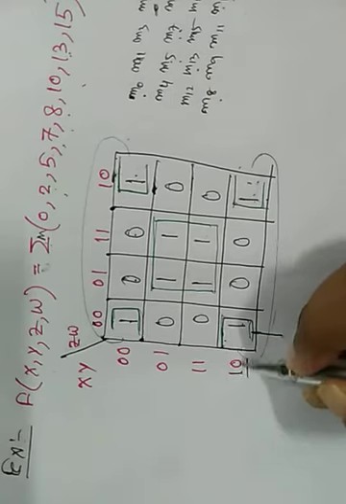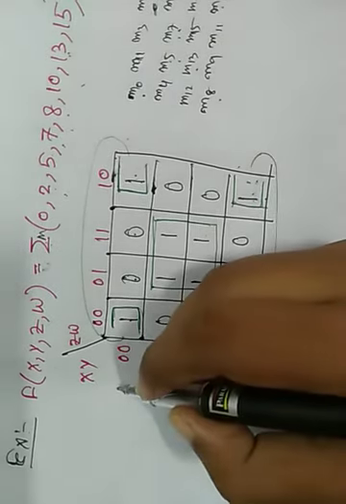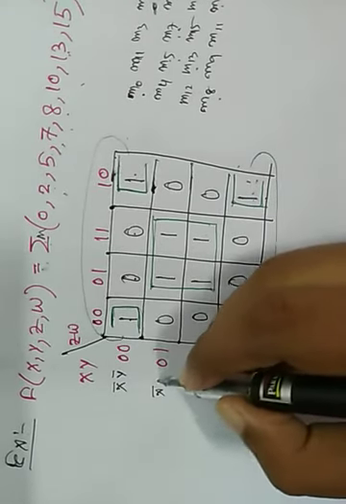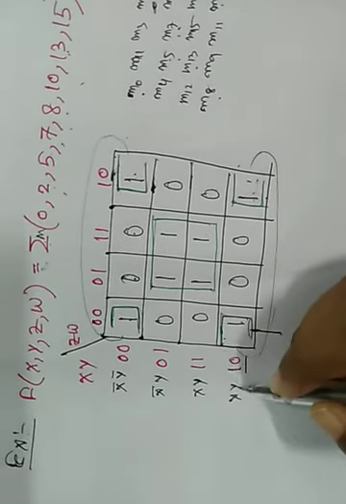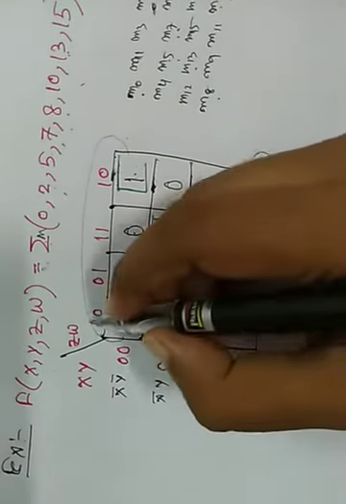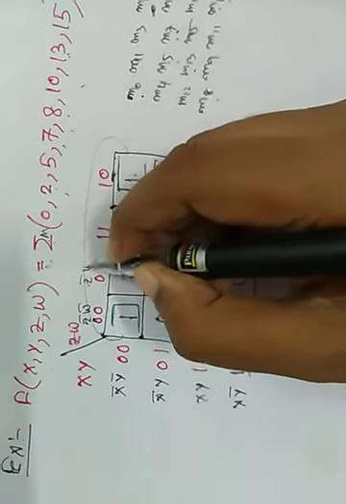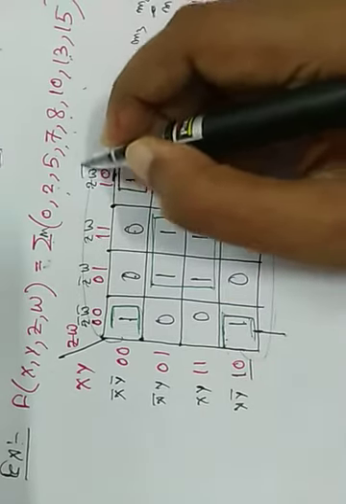We can easily take this one. So for 10, its value you can write as x bar y bar, x bar y, x y bar. Clear? And it is z bar w bar, z bar w, z w, z w bar.